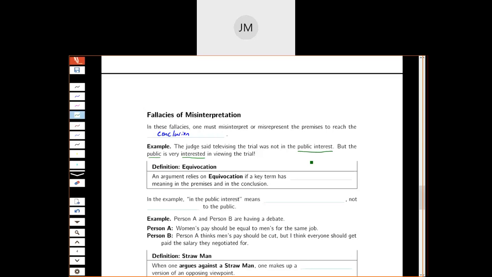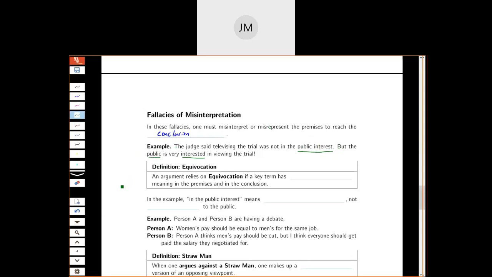It's not looking at what specific people want. It's saying what's good for our population as a whole. And so those are two different things, right? Talking about specific people wanting to see something and whether it's good for all of society to let people see that thing, those are two different things. So public interest has a different meaning in the premises than public interested has in the conclusion.